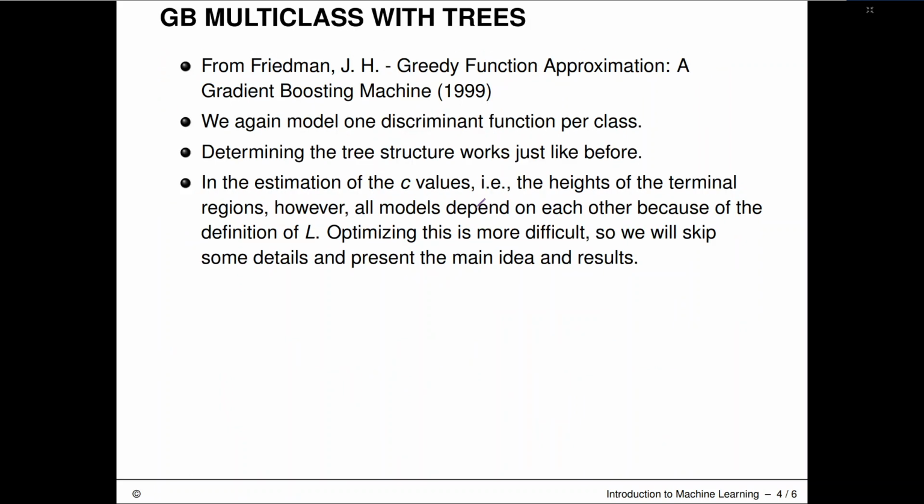Now, for the last two to three slides, I also want to mention what happens for gradient boosting with multiclass problems with trees. This is actually a bit more complicated regarding this optimal adaptation of the terminal heights. Again, what we do is fit one discriminant function per class.